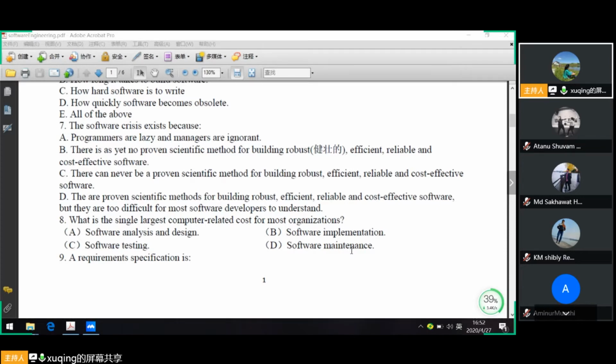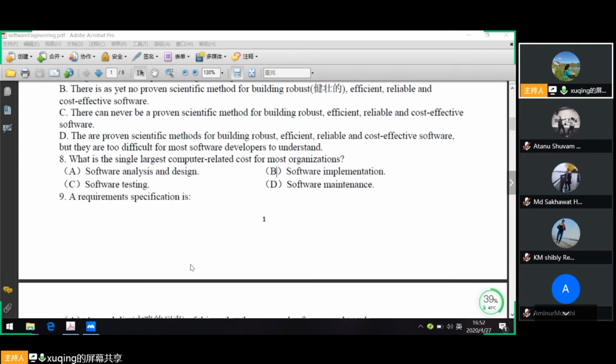In the last seminar, last week, we talked about software evolution. There, we said that in many projects, software maintenance takes up the majority of cost for most organizations.